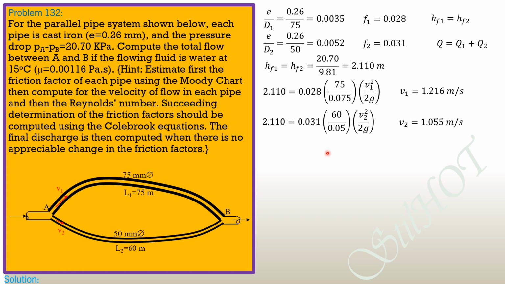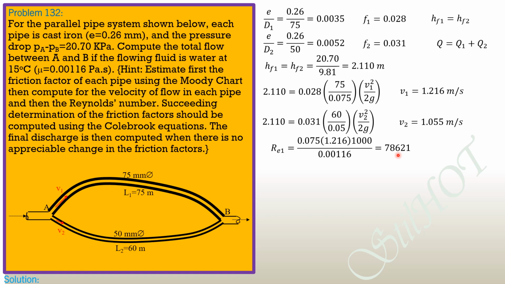1.055 meters per second. We then compute the Reynolds number for pipe 1: diameter times mean velocity of flow times density of water 1000 over viscosity 0.00116. So diameter 0.075, velocity 1.216, density of water 1000 over viscosity 0.00116, and it is 78,621.